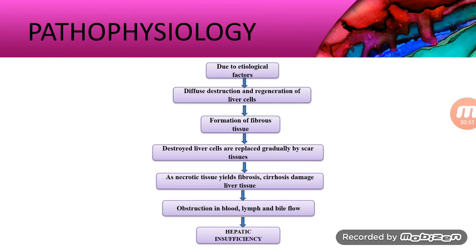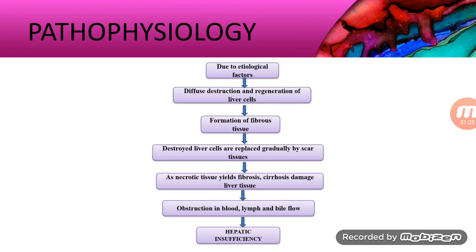Fibrous tissue, as I already said, is tissue which is completely damaged beyond recovery. So there will be formation of fibrous tissue, and due to that, destroyed liver cells are replaced gradually by scar tissue. Those destroyed liver cells will be slowly replaced by the scar tissues, that is, fibrous tissues.